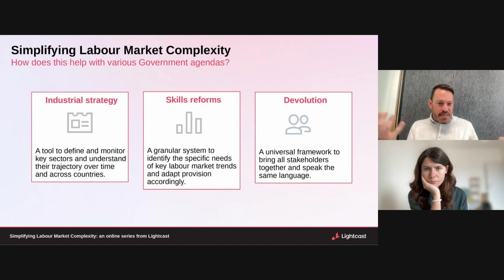So the Skills England activity, specifically in England, but obviously wider investment in skills across the United Kingdom.